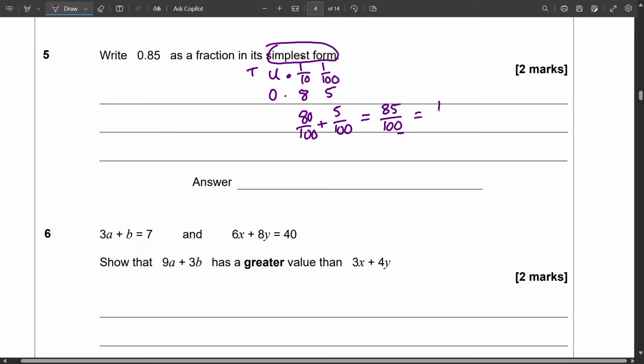That gives you 17. And how many times does 5 go into 100? Again, 10.0 doubled is 20. So 17 over 20, and that's the simplest it can get. 17 is a prime number, so we cannot simplify that further, and obviously 17 doesn't go into 20.